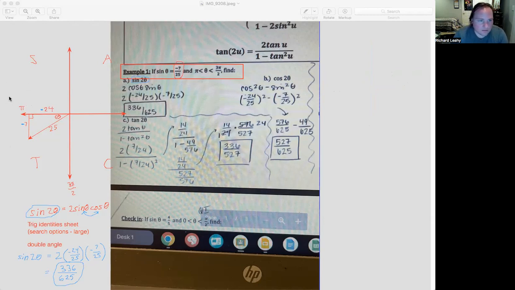So this next one is cosine 2 theta. Now this actually has a few different identities you could use. If you look up cosine 2 theta, it's going to give you a few to work with.